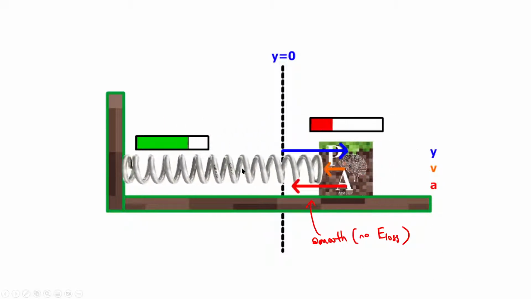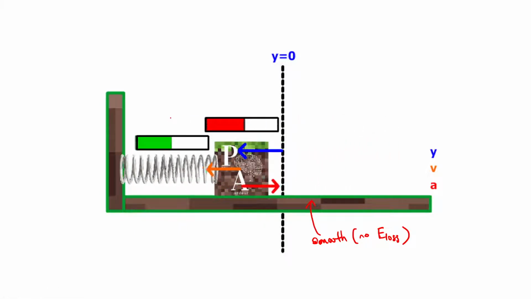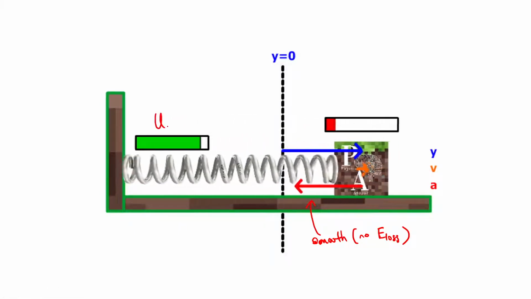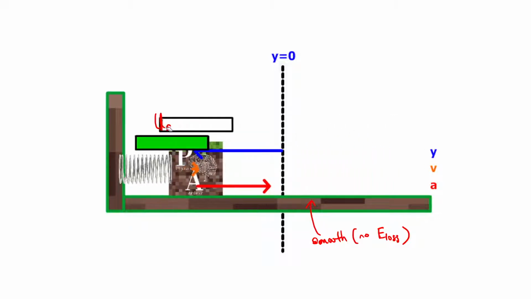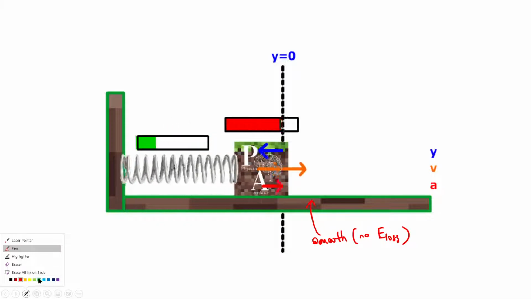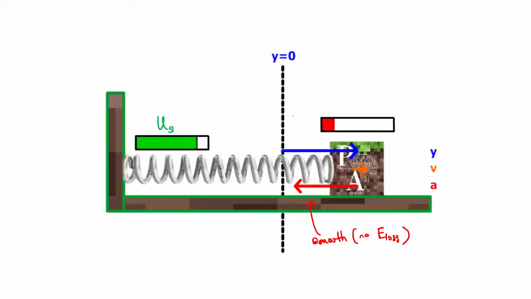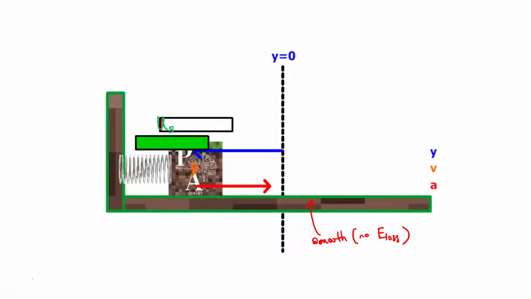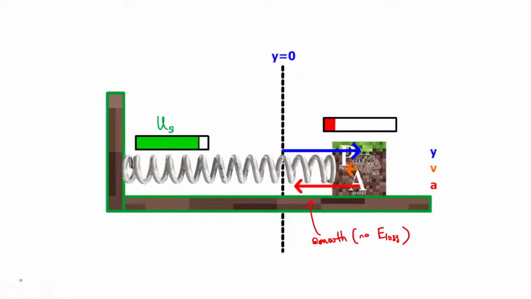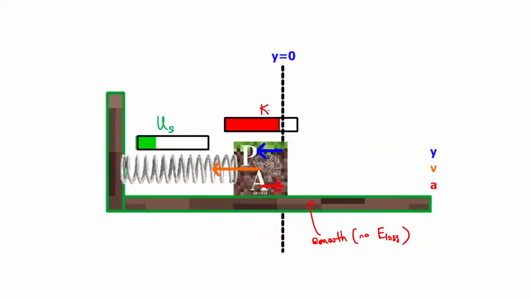So the energy is always in the form of what? In the form of elastic potential energy in the spring, or in the form of kinetic energy in the block.